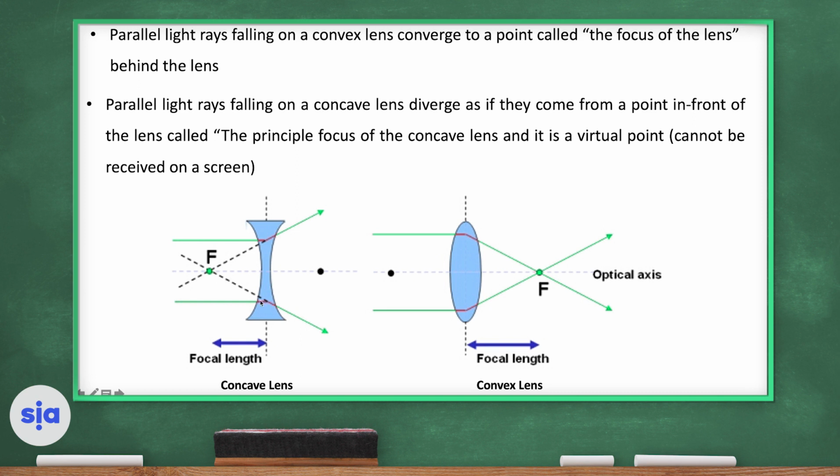So the extension of these two lines will intersect in a point called the focal point, in front of the lens, the principal focus of the concave lens. It's a virtual point, cannot be received on a screen, while the focal point of the convex lens is a real point.